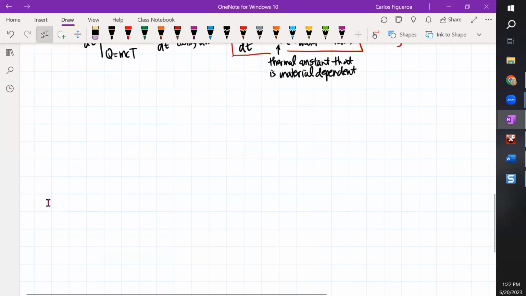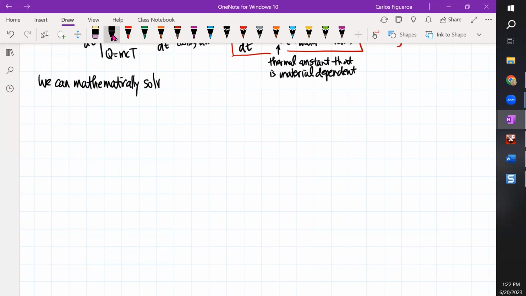So now if we solve this mathematically by integration, this is just an integration equation. This is going to be dT/dt, the derivative of temperature with respect to time, and that has to be minus kT. Now I'm going to do a little bit of algebra.